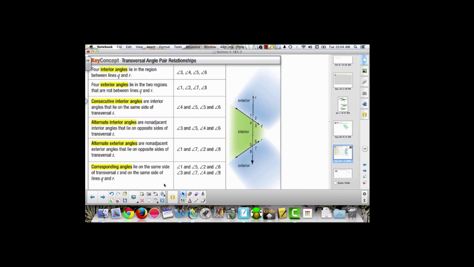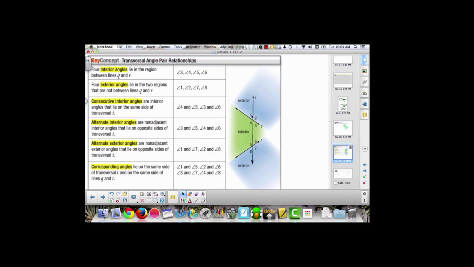Finally, we have corresponding angles. There are 4 pairs of corresponding angles. Corresponding angles lie on the same side of the transversal, and one is in the interior of lines Q and R, and one is in the exterior.